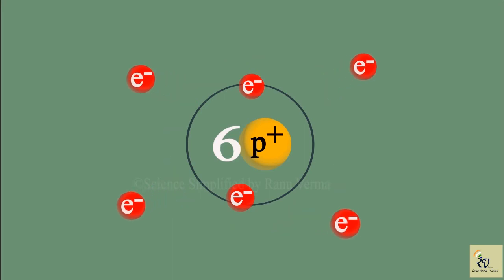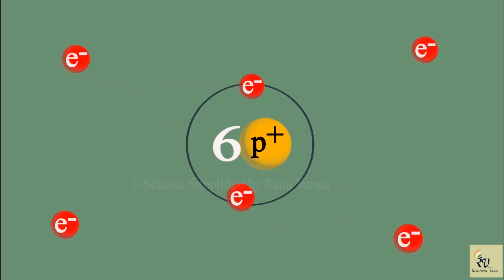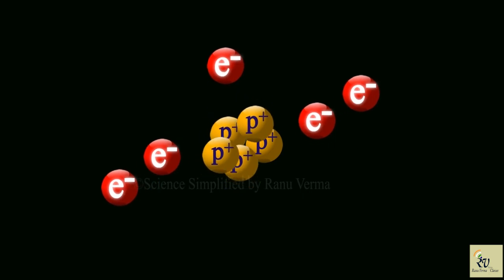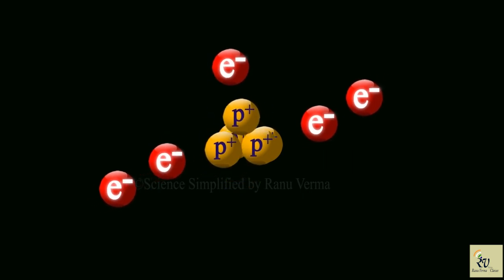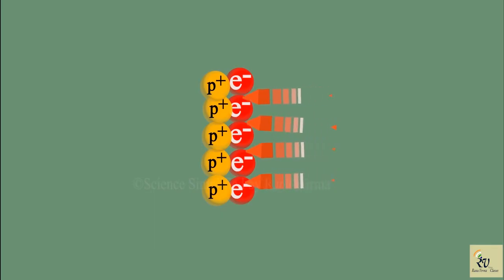In this case, in the inner orbit, electrons are only 2, while positive charges are 6p. So in this case, the net force of attraction will be more than the force of repulsion. A huge amount of energy we have to apply to pull the 4 electrons against the attractive forces exerted by the nucleus over the valence electrons.